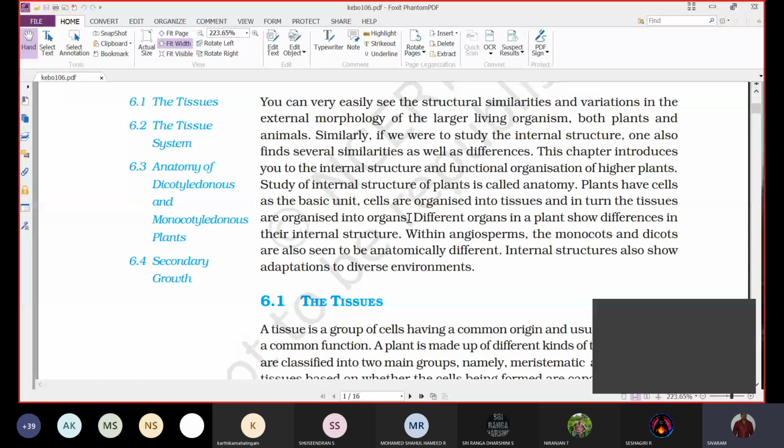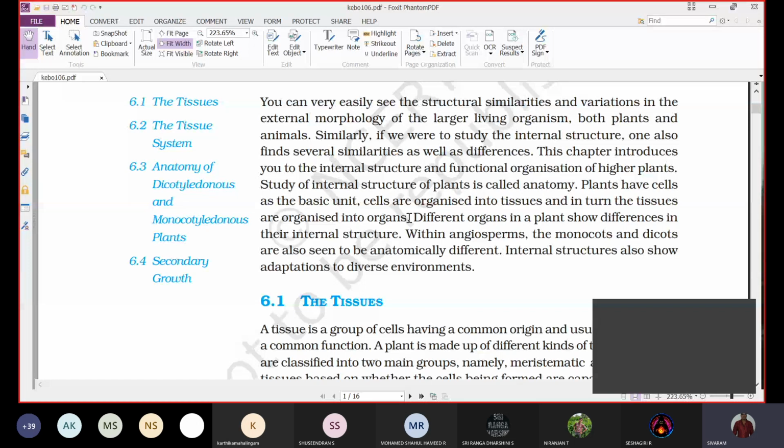Different organs in the plant show differences in their internal structure. Definitely, because all organs do not have the same structure and the same function, the cells and tissues present in the organs show differences in their internal structure.